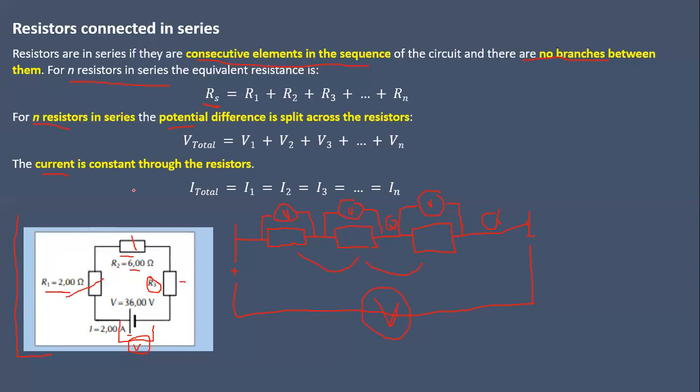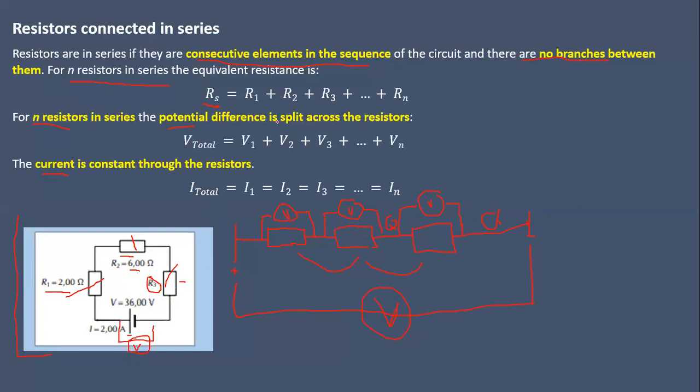So hence the current is the same as the total current supplied by the battery. So you have the current being the same on this resistor as well as in this resistor, and as well as on this resistor.